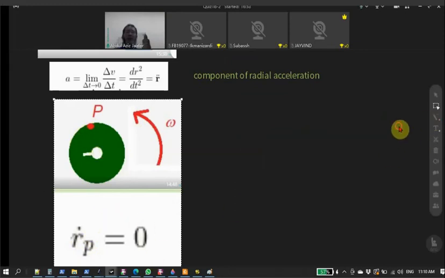So if I draw it here at any location, at any instant, the value of RP is maintained the same. So there is no change of radial position with time. So it means that when you take a second derivative, the value will be 0 too, right?